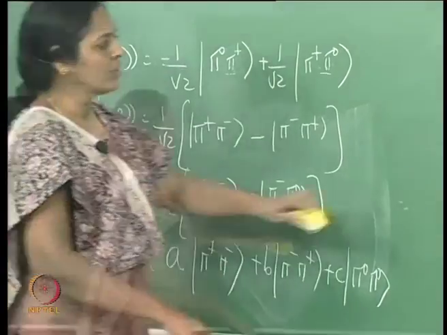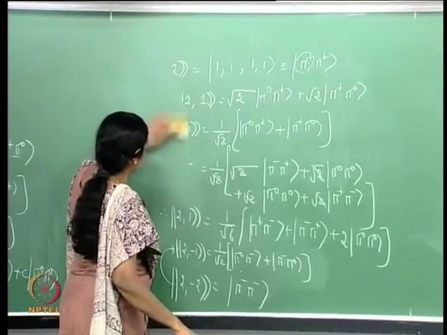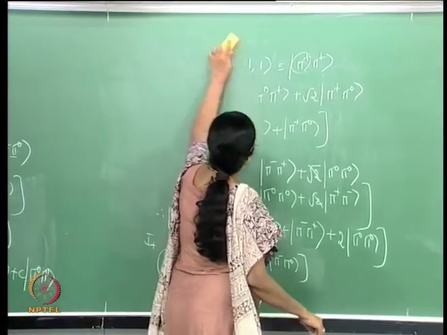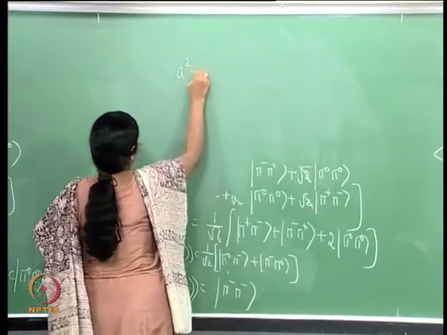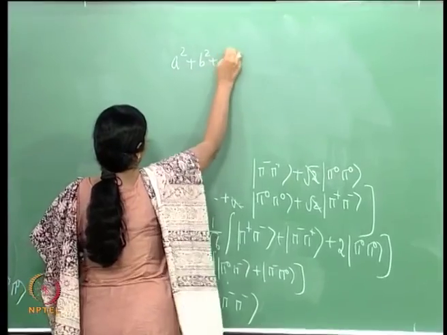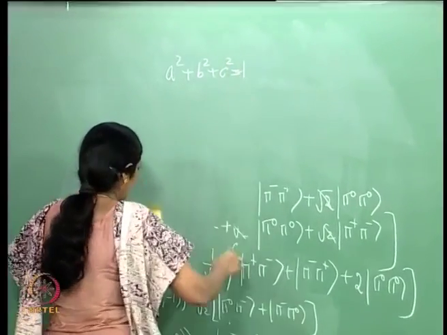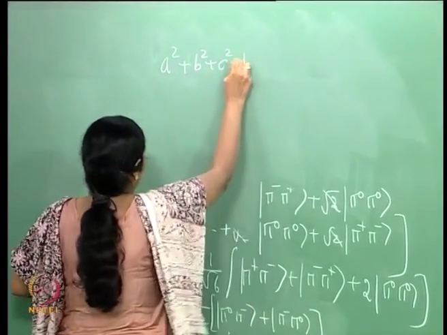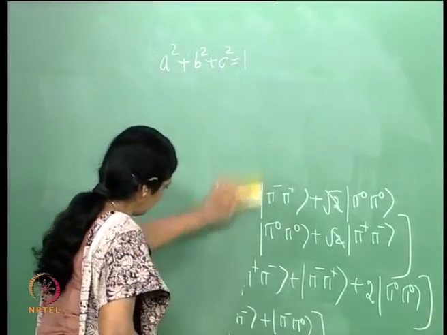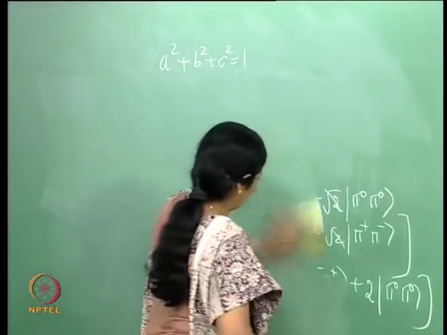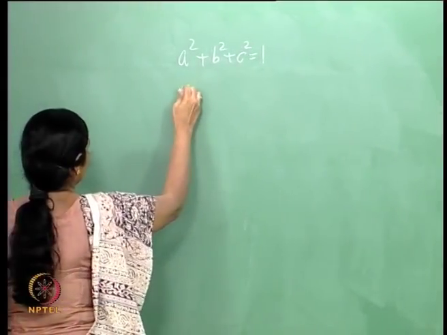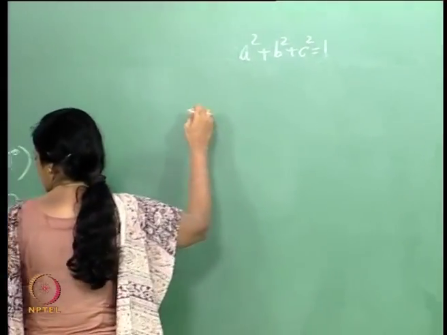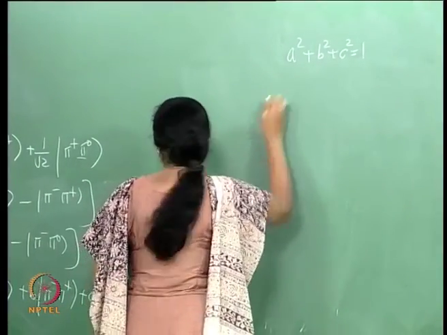I have the following relations. I have 3 unknowns and I can determine them using the fact that A squared plus B squared plus C squared equals 1. That is the first thing. And then 0 0 is orthogonal to 2 0.